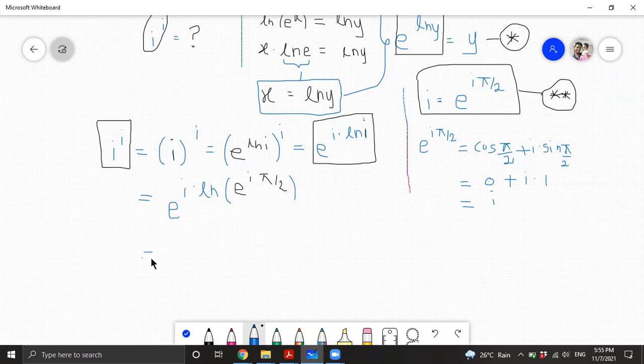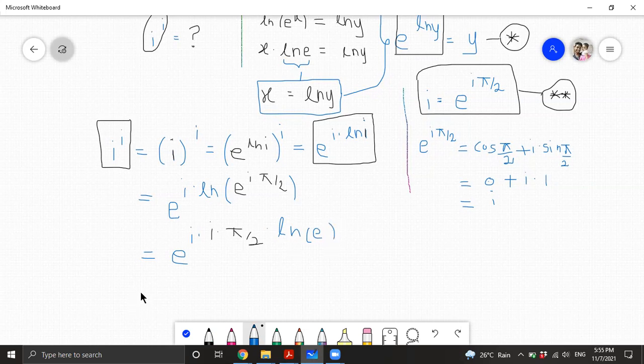Now what we can do is, this form is inside the log of e, that is inside the log. So we can take this exponent in front of this log, multiplied by i. So that will make e to the power i pi by 2 into ln of e.